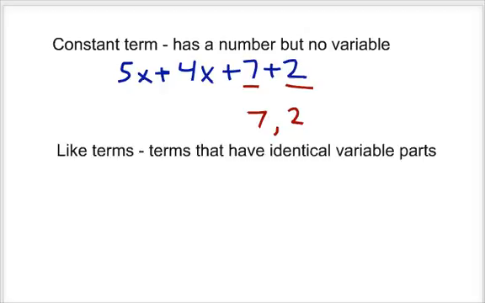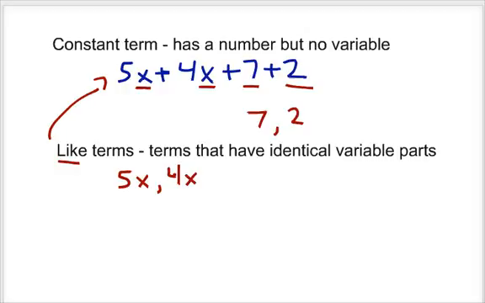Next is like terms. And this one, the name is kind of giving us a hint here. Like terms, we're looking for things that are similar in our equation. They're terms that have an identical variable part. So looking up here at our equation again, we've got 5x plus 4x plus 7 plus 2, and I'm looking for pieces that have the same variable part. Well, 5x and 4x both have that x term, so they are like terms. 5x and 4x are like terms. 7 and 2 would not be in that group because they don't have that same identical variable part.